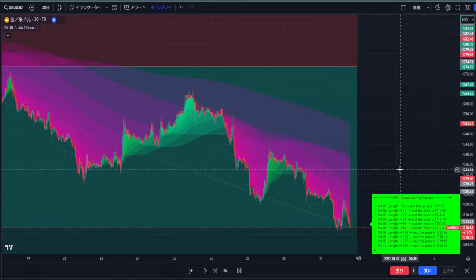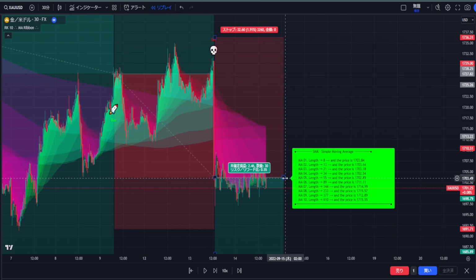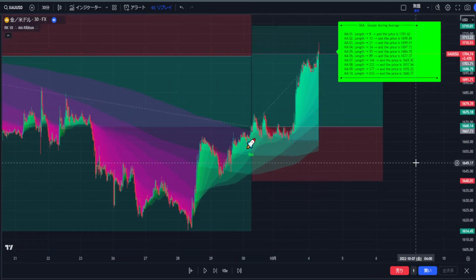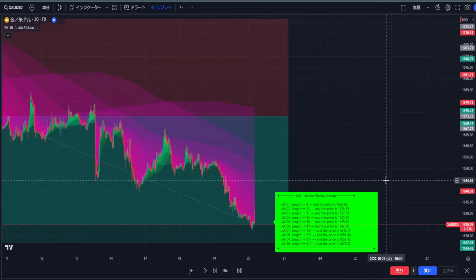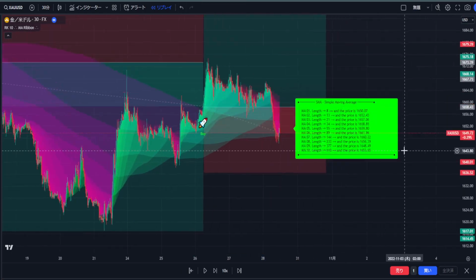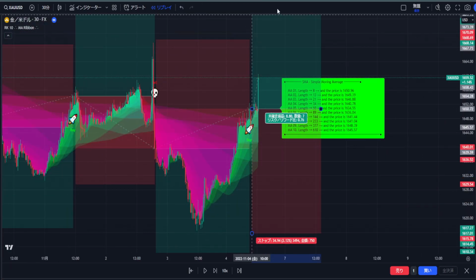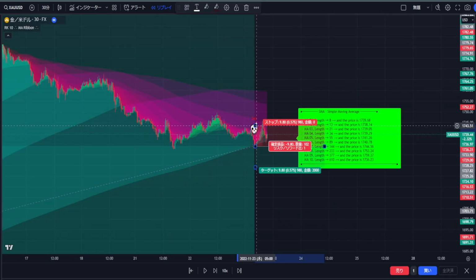This increases the likelihood of achieving returns that are commensurate with the risk taken. However, the optimal risk-reward ratio can vary depending on market volatility and the characteristics of each trade. To find the optimal risk-reward ratio, considering individual strategies and market conditions, thorough backtesting and risk management strategies are necessary.